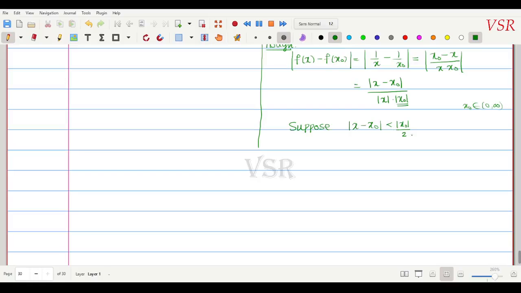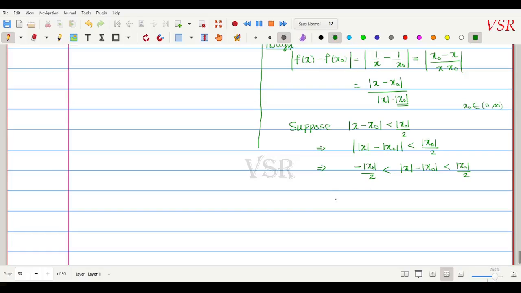is a number. Okay, suppose this happens, then this implies, how can we write it, modulus of mod x minus mod x0, this fellow is less than modulus of x0 by 2. So this implies, we can put a minus, minus mod x0 by 2 which is less than mod x minus mod x0 which is less than mod x0 by 2. Is it okay?